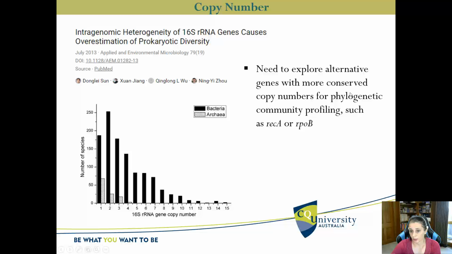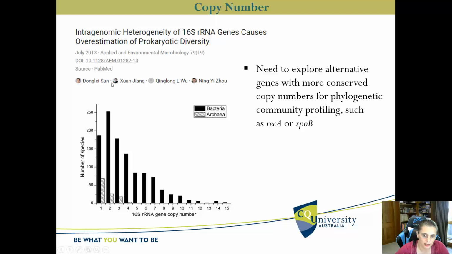Other genes that were good candidates, like rpoB or recA, have one copy, and they were much better. We know that now, but back then, when we committed to 16S and started building all these big databases and everyone started publishing in 16S, people didn't really realize that this was going to be a big problem. And now we all ignore it. We all completely ignore this issue.